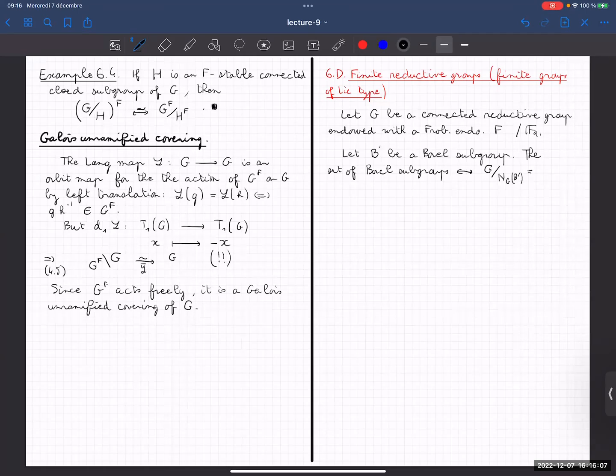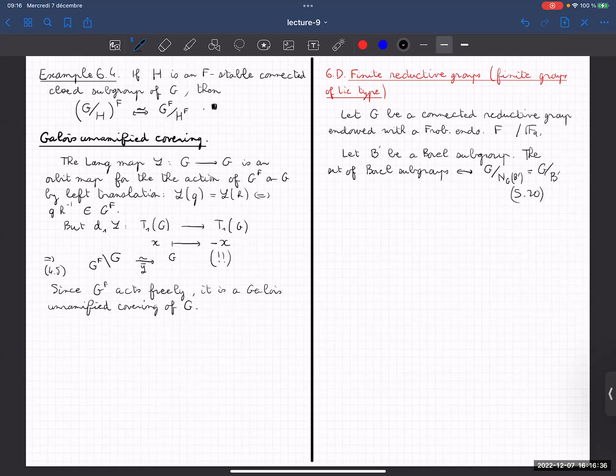But the normalizer of B' in G is equal to B'. So this was Theorem 5.20, I think, in the last lecture. Okay. So this is because all Borel subgroups are conjugate and because the normalizer of the Borel subgroup is equal to itself. And in particular, this is equal to G/B'.